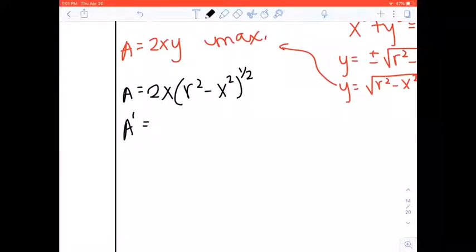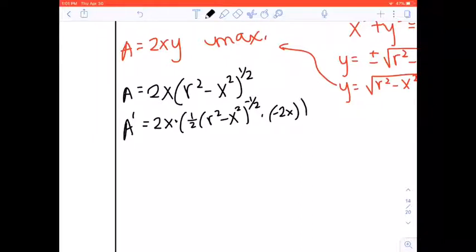And my derivative is going to be the first times the derivative of the second, times the derivative of the inside, which would be negative 2x. And then we have plus the derivative of the first times the second. And then simplifying this, you are able to factor out an (r squared minus x squared) to the negative 1/2.